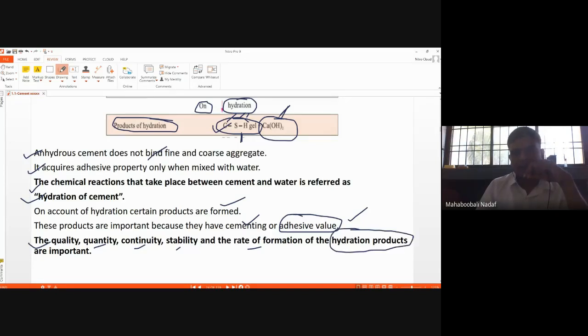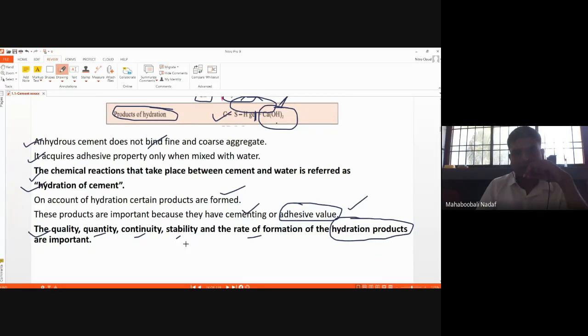What are the hydration products? Gel and calcium hydroxide. These two things will decide the final quality.